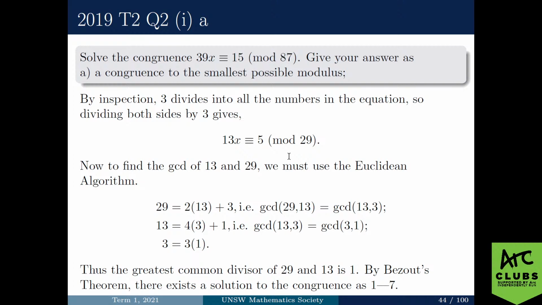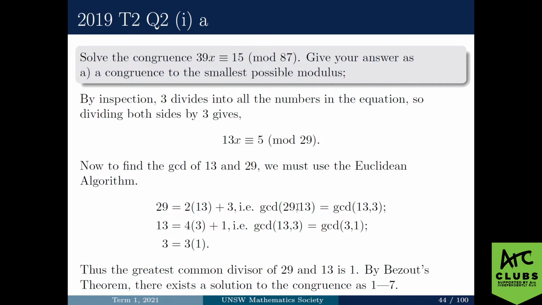But we want to actually still find it manually because that way we can apply the Euclidean algorithm. So now we're using our division algorithm, which we had a look at before. So a equals b q plus r. That means we could write 29 is equal to 2 times 13 plus 3, right?